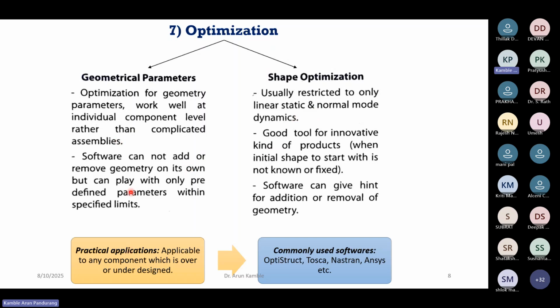The software cannot add or remove geometry on its own, but can play with only predefined parameters within the specified limits. In shape optimization, the software can give a good hint for the addition or removal of geometry. So these are applications applicable to any component which is over or under designed. And these are some of the commonly used softwares: OptiStruct, Tosca, Nastran, and ANSYS.